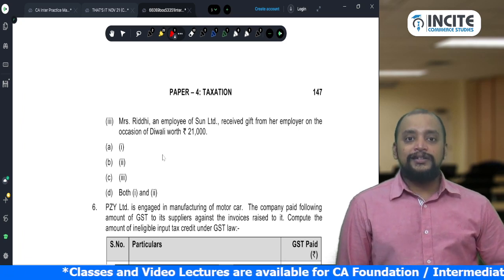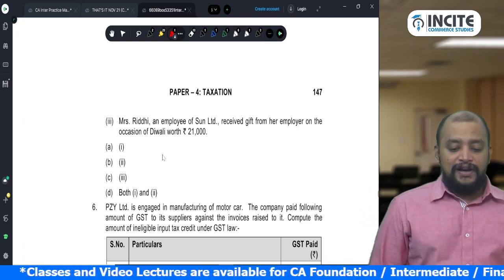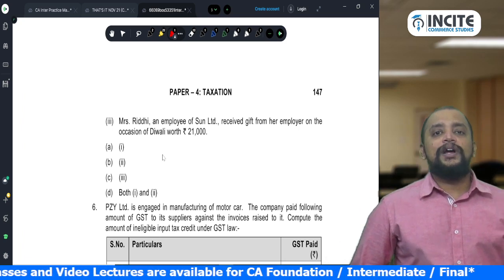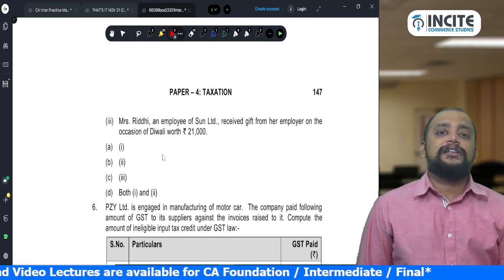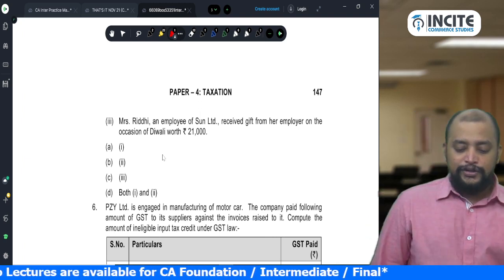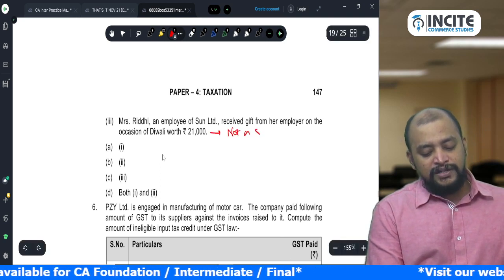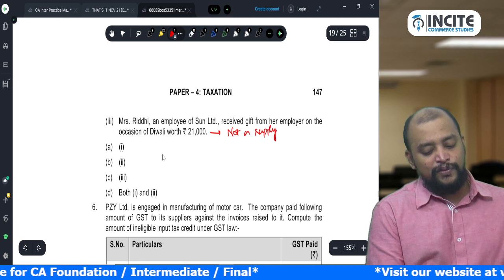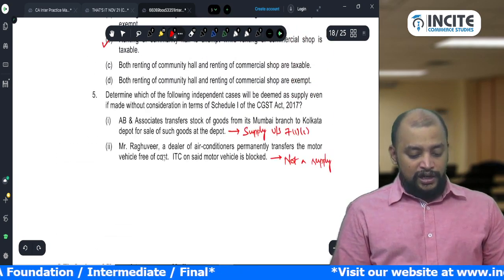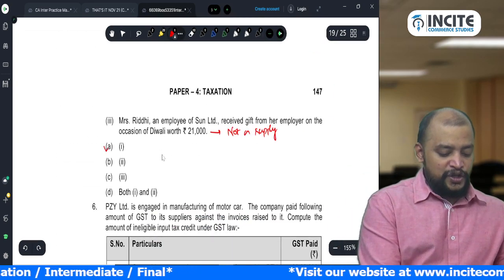So in this case, what is the value? It is only 21,000, correct or not? So it does not exceed 50,000 rupees. So due to that reason, it is also not a supply. So only one activity becomes supply under Section 7.1C, that is the first one. Option A is the answer.